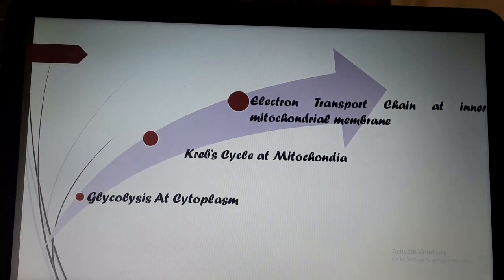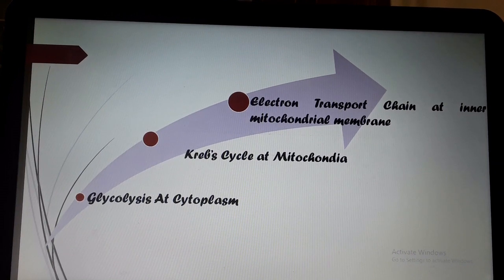So next, three main things. First step, glycolysis at the cytoplasm, then Krebs cycle at the mitochondria. Third, electron transport chain at the inner mitochondrial membrane, provided it is aerobic.